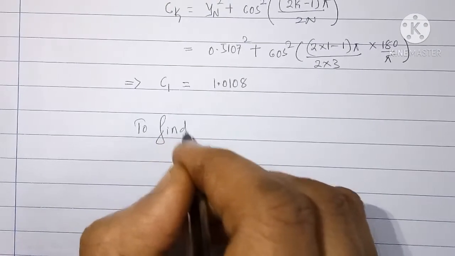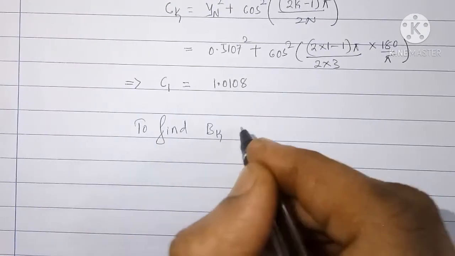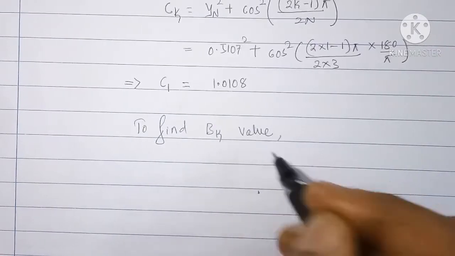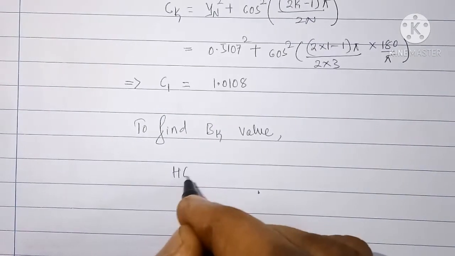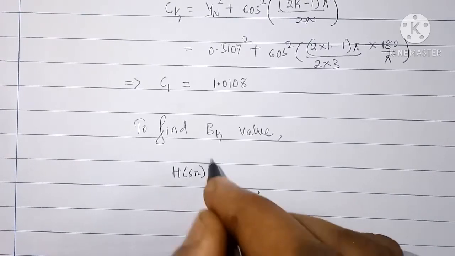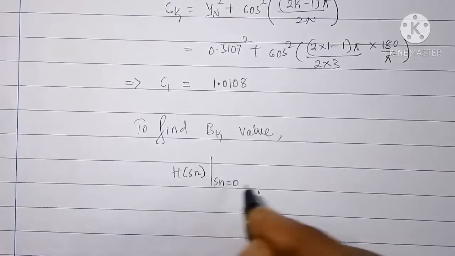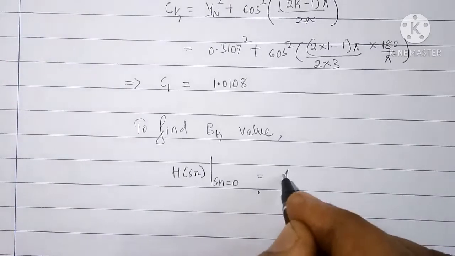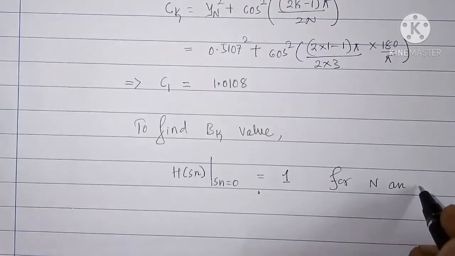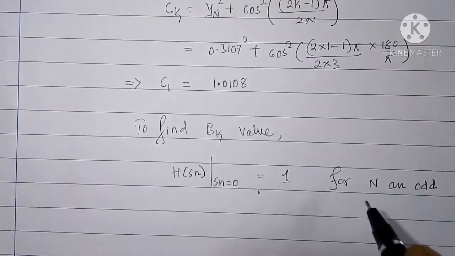To find the Bk value, we have to equate H of Sn at Sn equal to 0 to 1 for n an odd number.